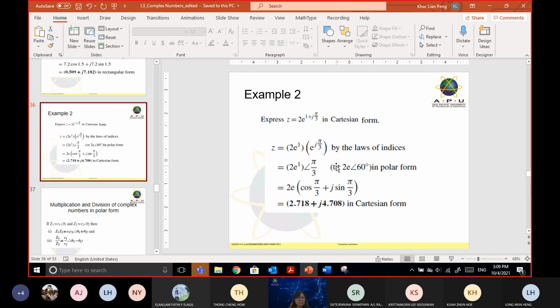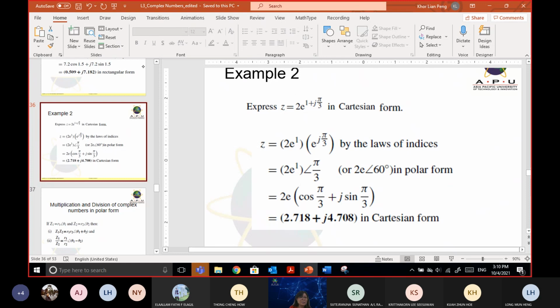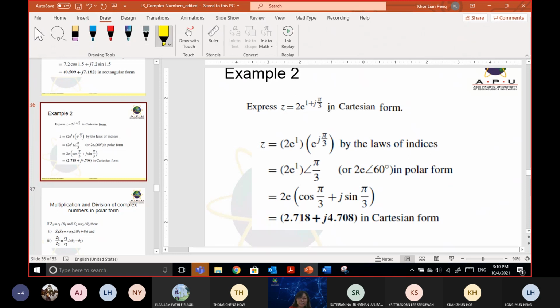Remember, if our complex number is in the exponential form, the theta must be in radian. For example, when you want to convert it into a Cartesian form and the angle is pi over 3 radian, you can remain using radian, but you need to change your calculator to radian mode to do this calculation.